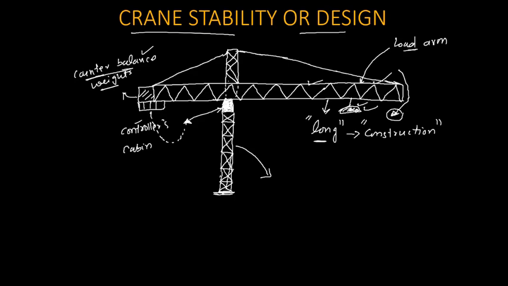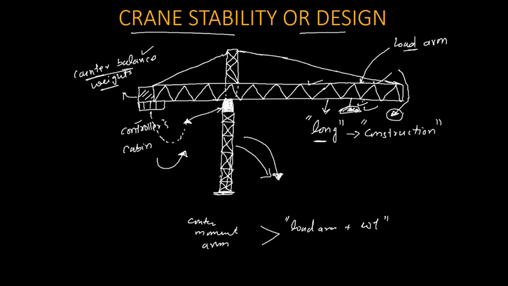So in order to design a crane, this counter moment produced by the concrete block must be greater than the moment produced by the load arm plus the weight. If it is greater, then the crane will not collapse in this direction and it will operate safely.